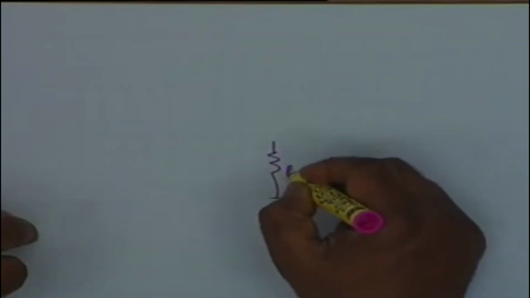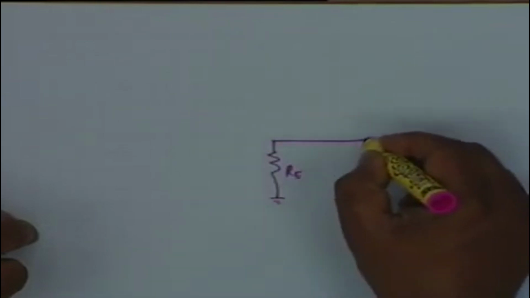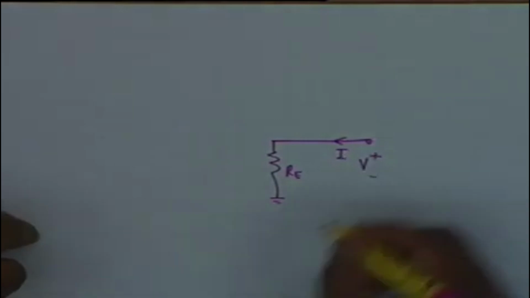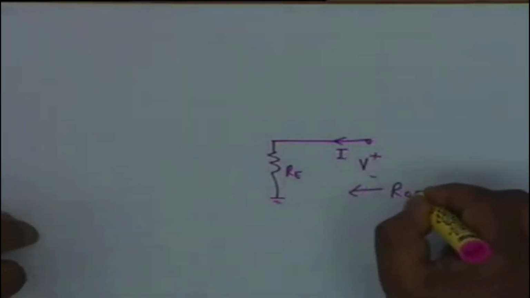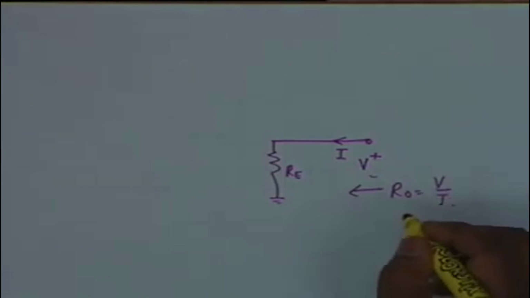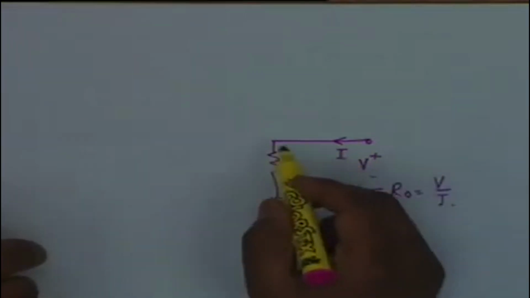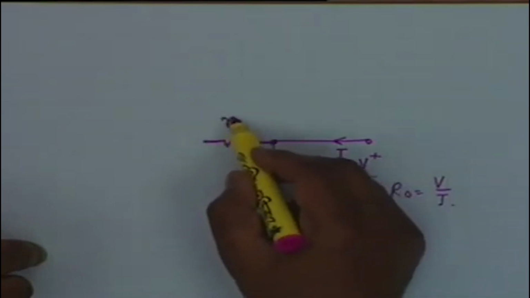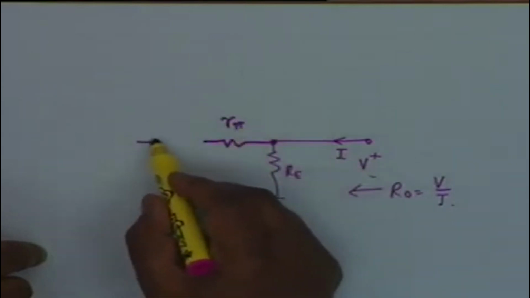So we draw the circuit backwards. We have an Re. Across Re we connect a voltage source V and we find out the current I. Then R0 would be equal to V by I. And if I look at this circuit, what I have is an R pi and an Rs.